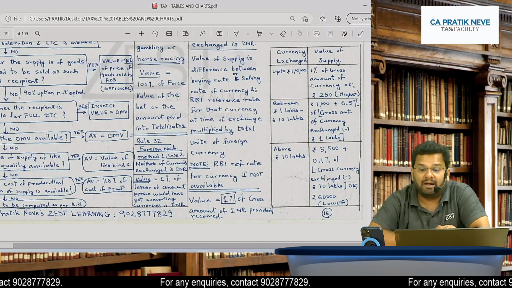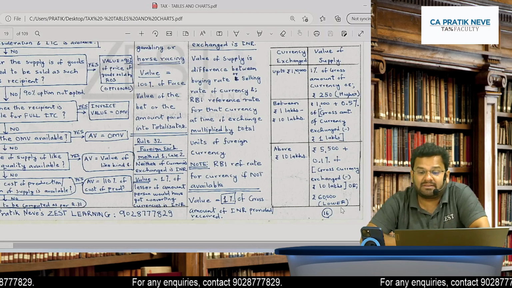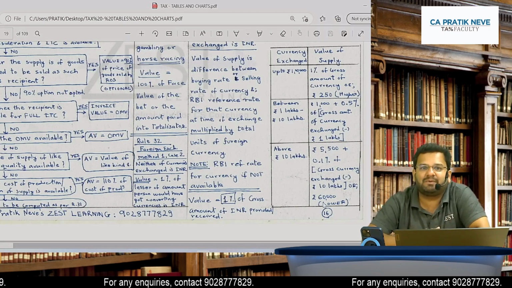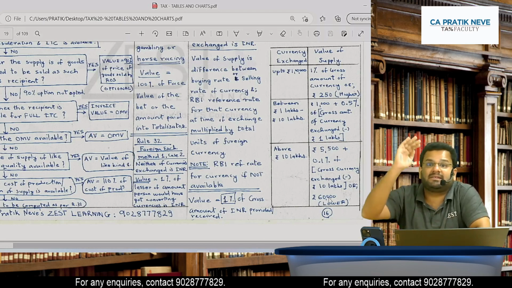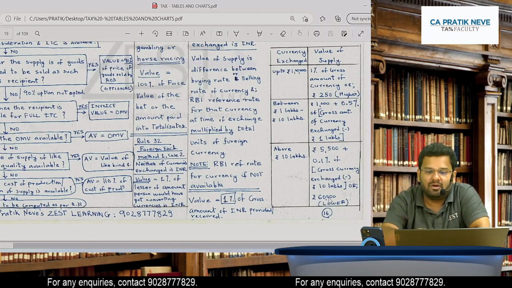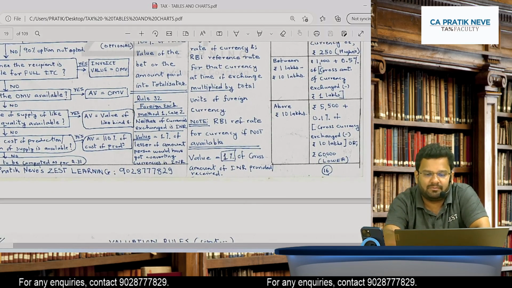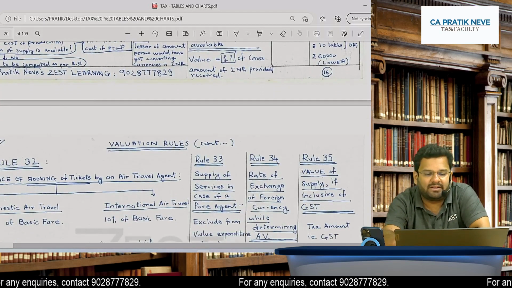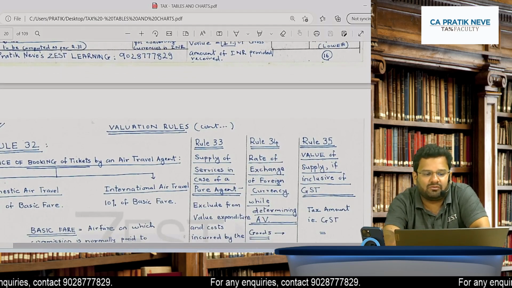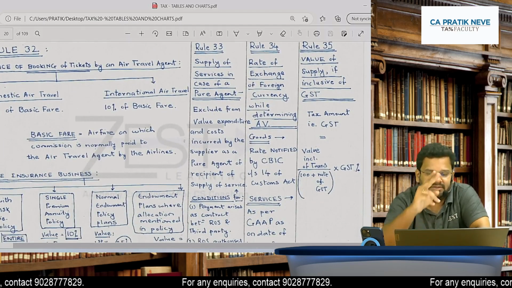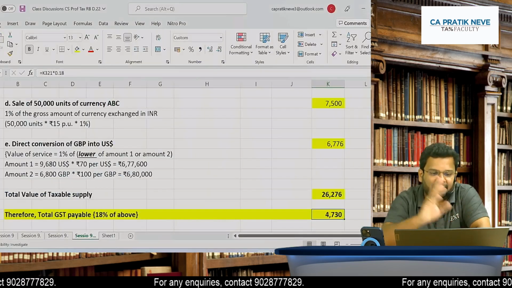But whatever happens, it cannot exceed rupees 60,000. That's the nice part of it. Maximum assessable value for this transaction will be rupees 60,000. So that is how you will do valuation for foreign exchange.